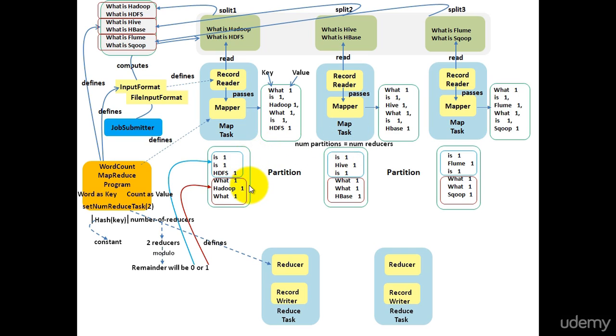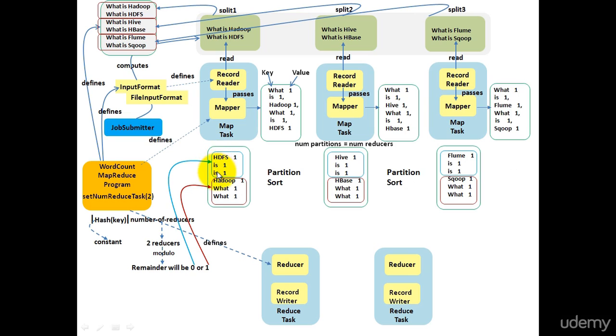By this process, same keys will always end up in the same partition. It also means that all the values of a particular key will always end up in the same partition. In our example, the output key what is in the second partition of all the map tasks. After the map output is partitioned, each partition is sorted independently.